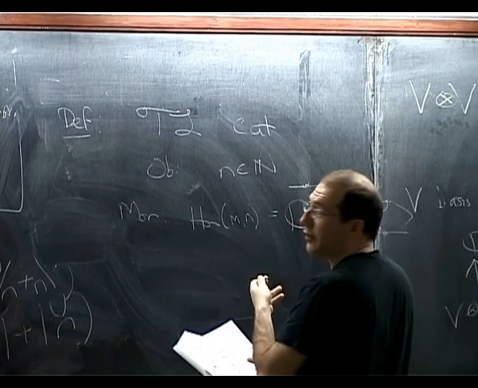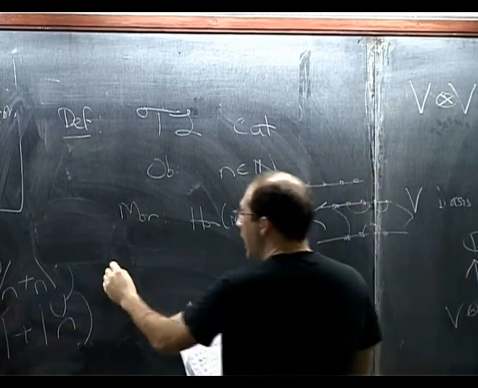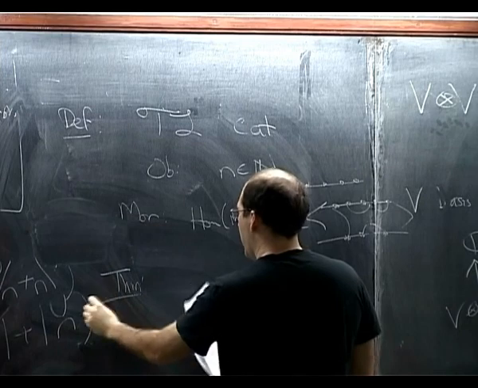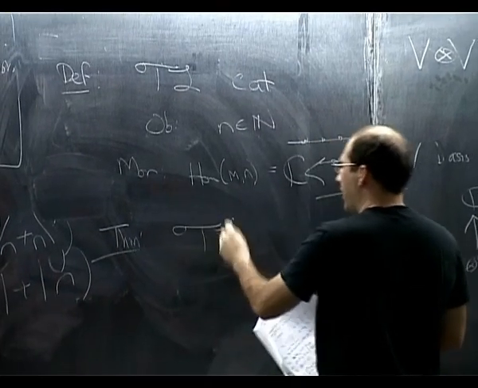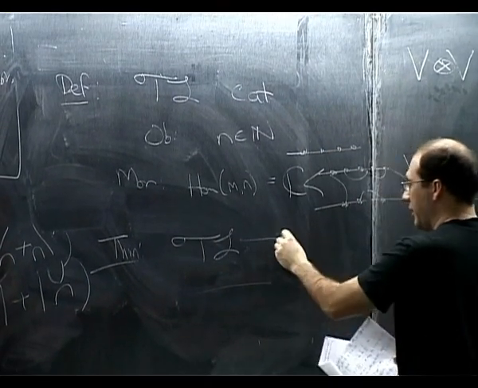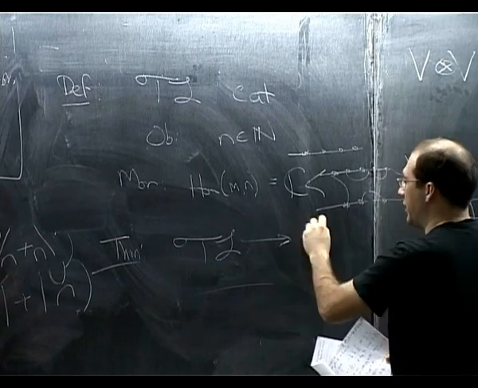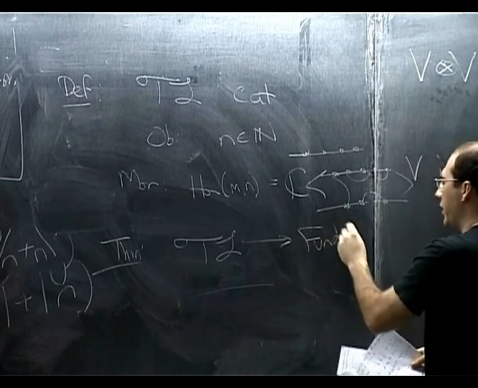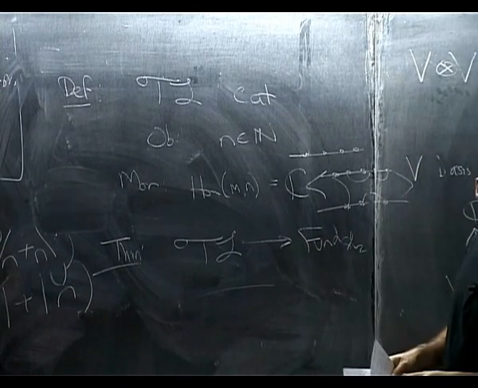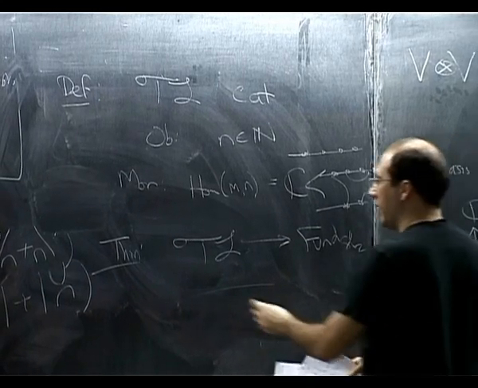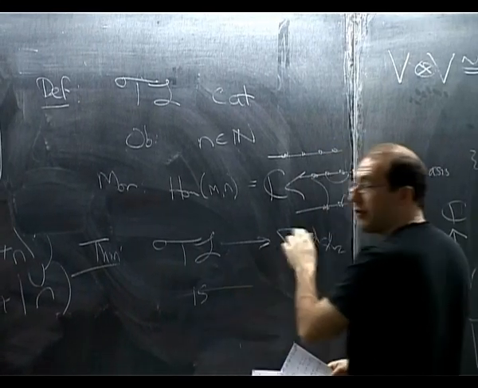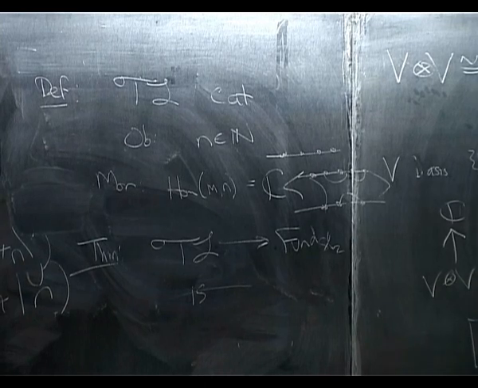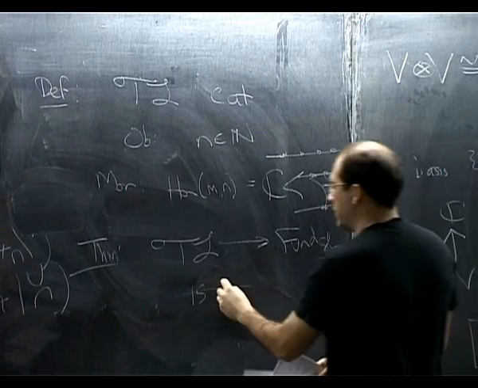So this is a well-defined monoidal category. And then the theorem is that the map from the Temperley-Lieb category, which is this abstract thing, to Fund SL2, which is this concrete representation theoretic thing, defined by these formulas, is an equivalence.